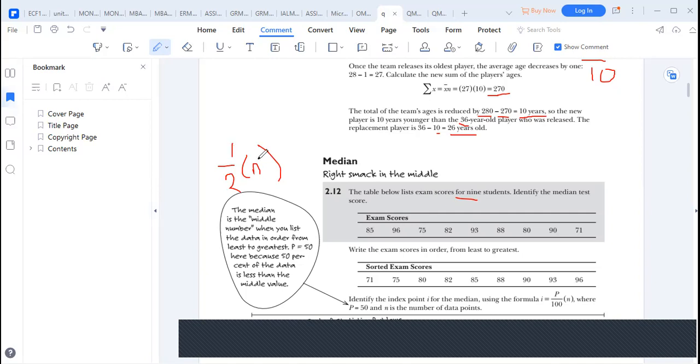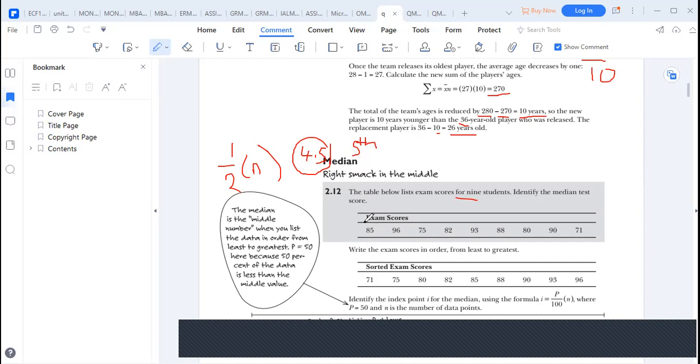So half of 9 is 4.5. So we need to rearrange them, and anything with a point, we get the upper nearest figure. So 4.5, we get the fifth number. Even if it was 4.1, we get the fifth number, or 4.9, we get the fifth number. That is a position.